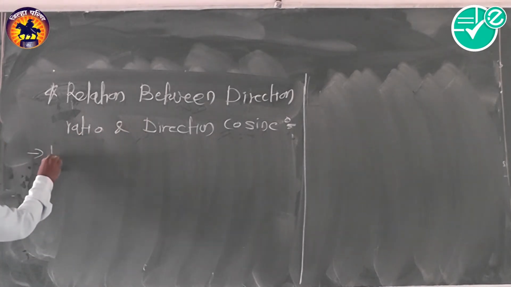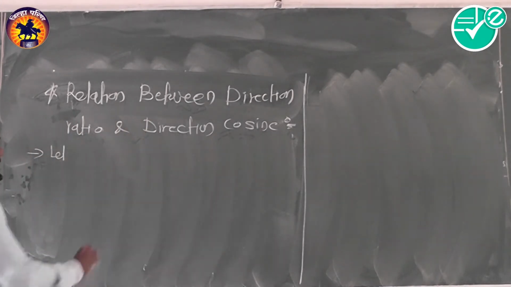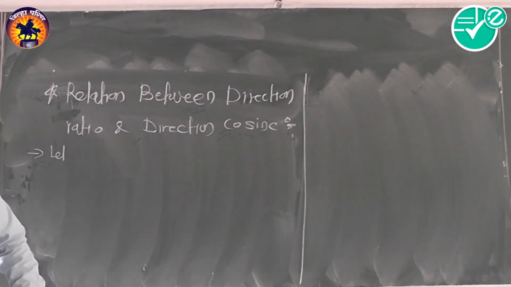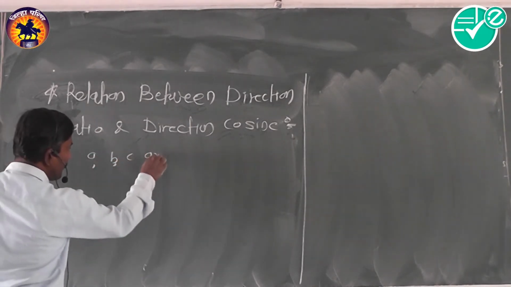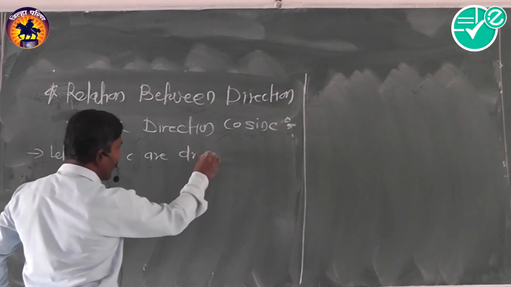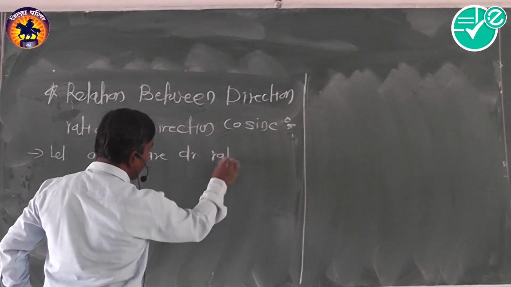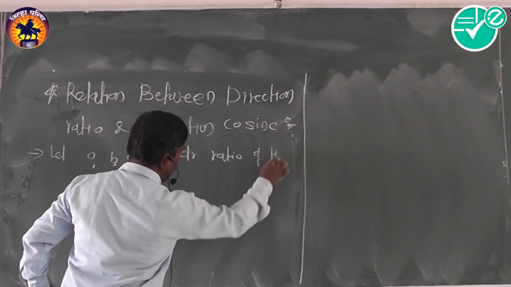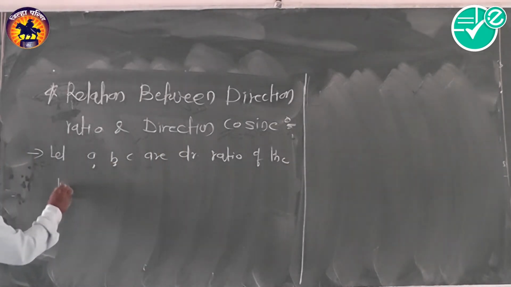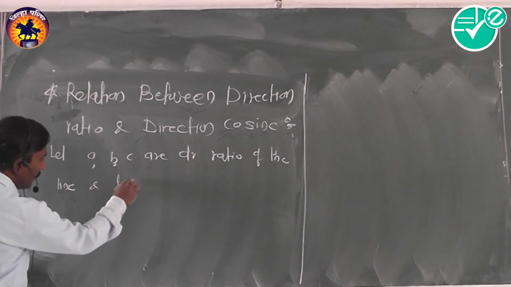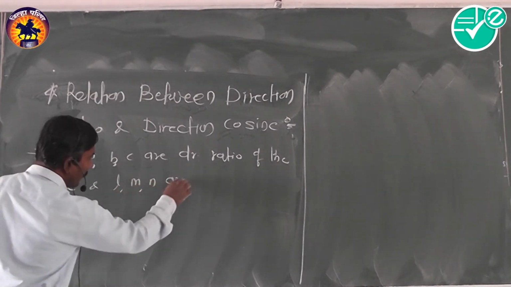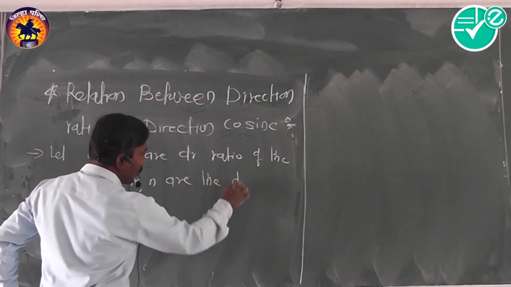Now let a, b, c be the direction ratios of the line, and l, m, n be the direction cosines of the line.